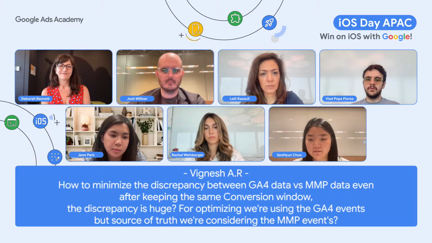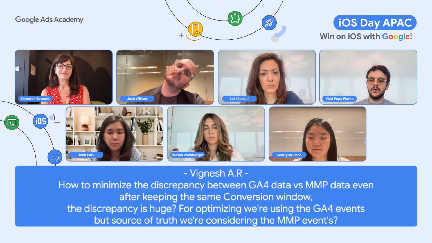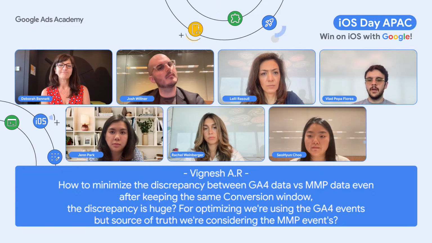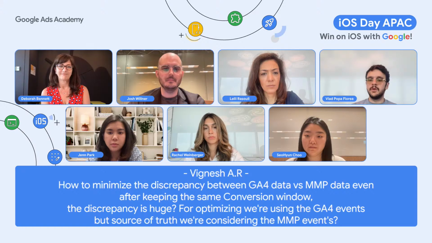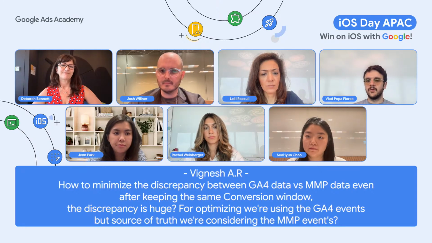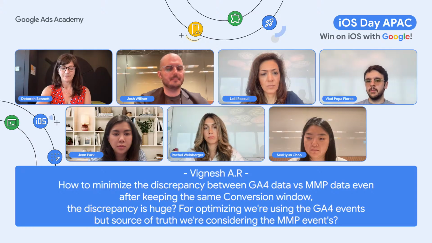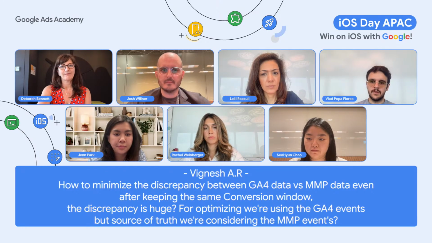So for example, a conversion can be claimed by other ad networks such as Meta in your MMP, so it's not going to appear on your Google reporting, whereas that same conversion can be attributed to Google in your Google Analytics reporting. So there are natural reasons, coming back to the attribution logic, why there are discrepancies, and these will never necessarily match. So just wanted to add that as well.